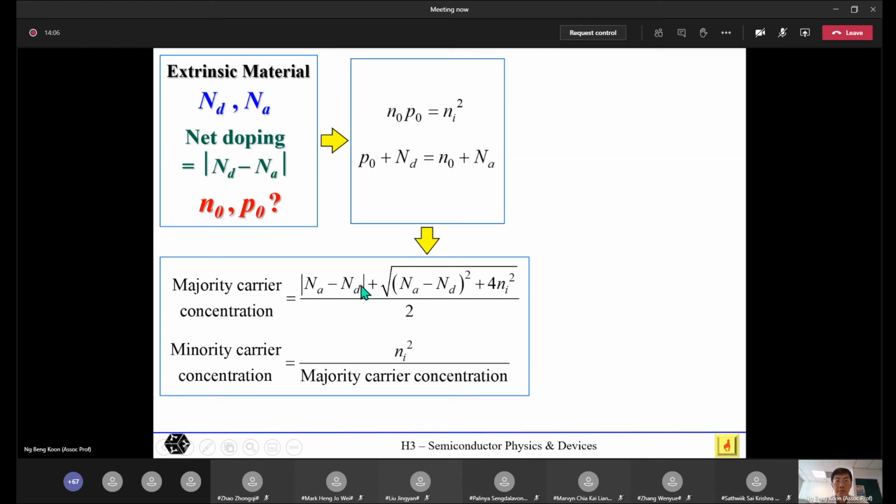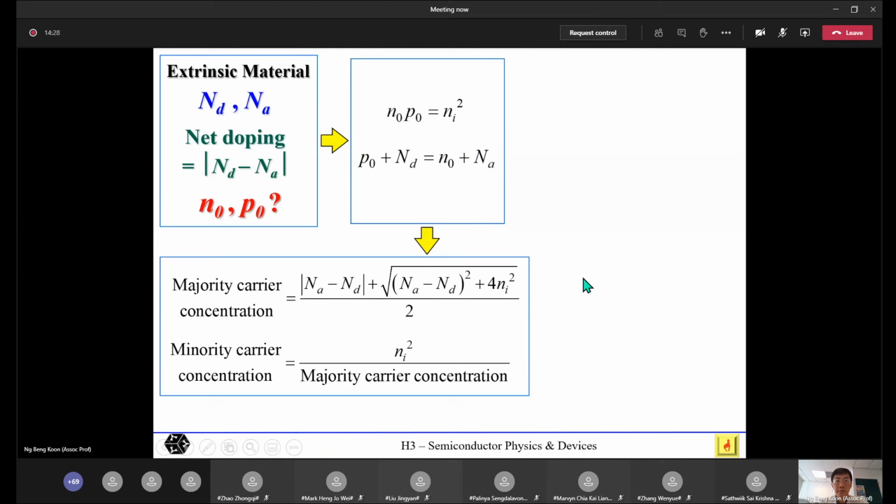And of course, if your net doping is much greater than Ni, then your majority carrier concentration is simply the net doping value, because the Ni becomes negligible, and the numerator is essentially 2 times the net doping divided by 2 in the denominator. You get back just the net doping.